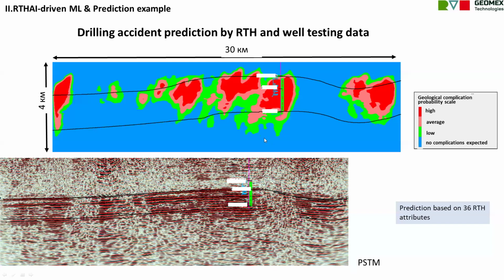We can learn and predict the zones of higher, possible accident: higher, average, low.